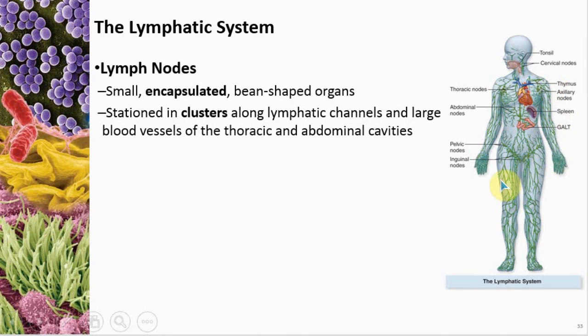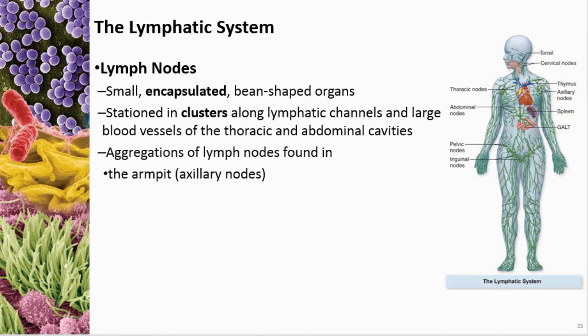The reason they're in those areas, as I mentioned earlier, is because these are very common routes of infection. If you've ever noticed what people call swollen glands around your neck, those aren't glands, those are lymph nodes, because the most common portal of entry for infection is through the face, through your eyes, nose, and mouth.